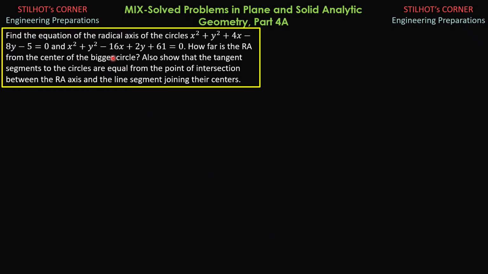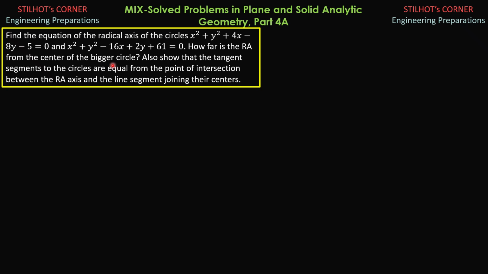So find the equation of the radical axis of the circles x squared plus y squared plus 4x minus 8y minus 5 equals 0 and x squared plus y squared minus 16x plus 2y plus 61 equals 0. How far is the radical axis from the center of the bigger circle?